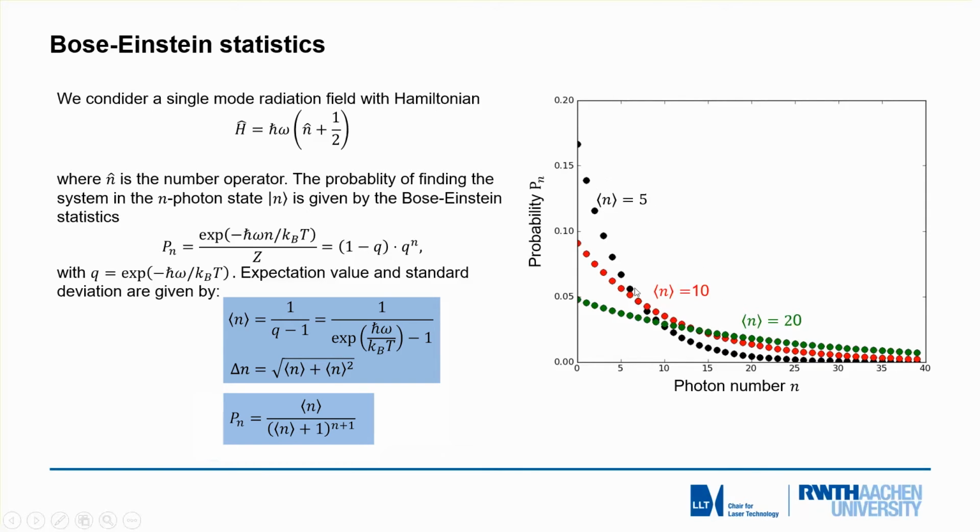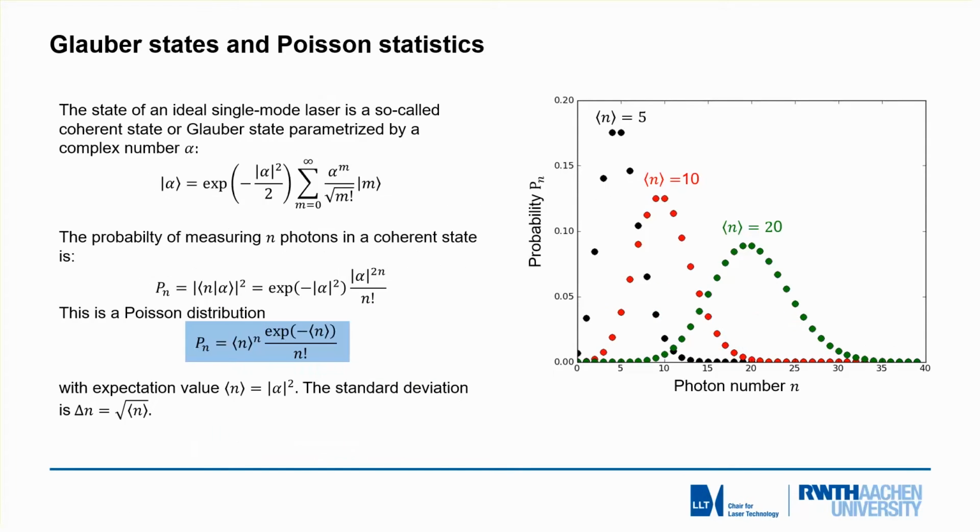The more photons we measure, the more equally distributed is the curve. In the limit of very high photon numbers, this is more or less a straight line. So it says the probability to measure photons is pretty much the same, independent of the number of photons.